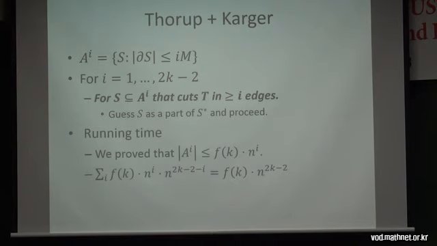But we know that the running time is still right, because we cut the tree in i edges, and by this variant of Karger-Stein, we already proved that the size of A_i is at most n to the i. So the upshot is that we paid n to the i and decreased the number of tree edges by i. So the running time is still kosher.